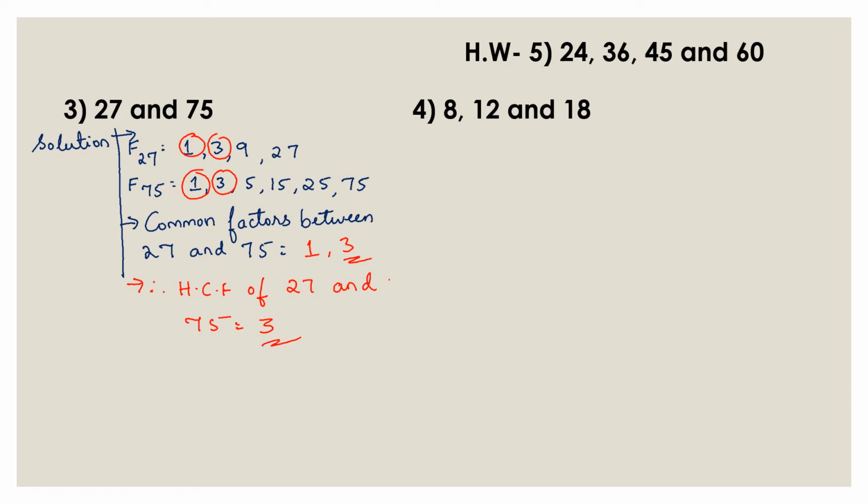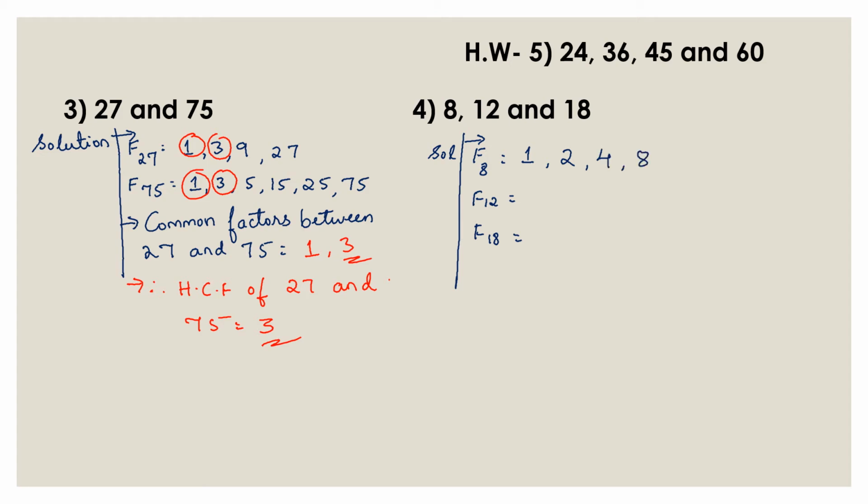Proceeding towards number 4, we have the question 8, 12 and 18. Here we see more than 2 numbers are given. So let's find the factors of 8, then factors of 12 and factors of 18. Factors of 8: 1, 2, 4 and 8.